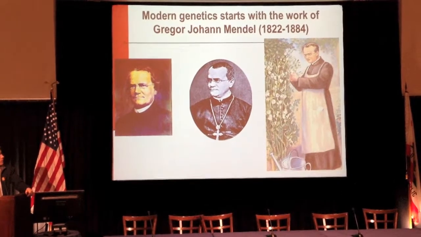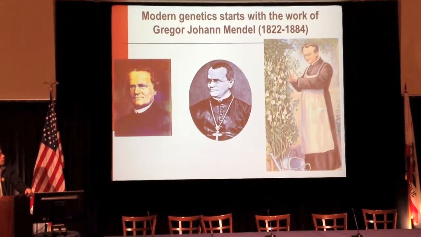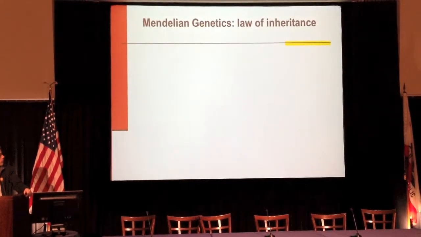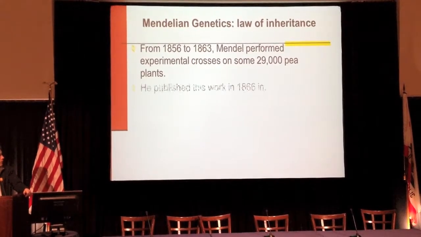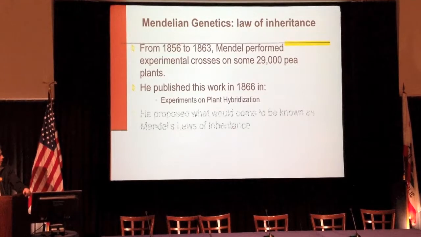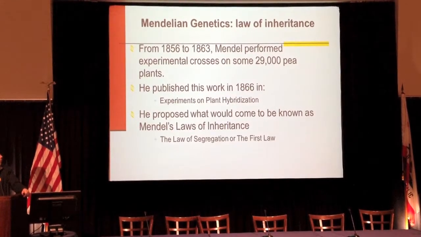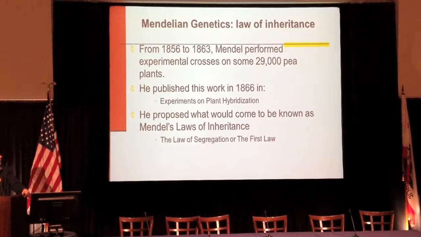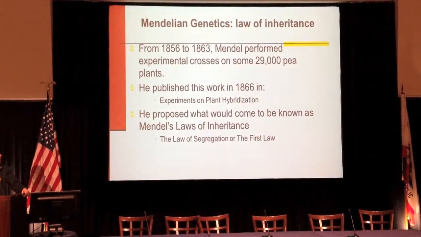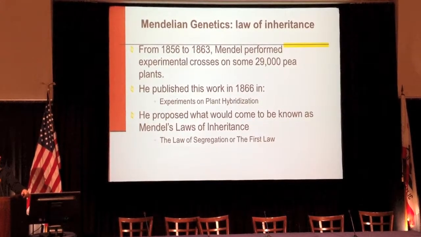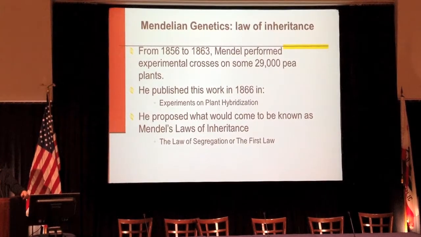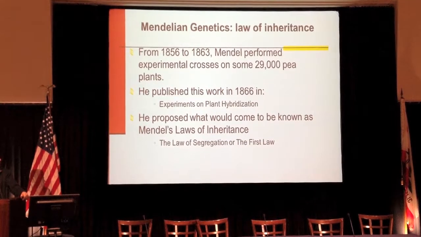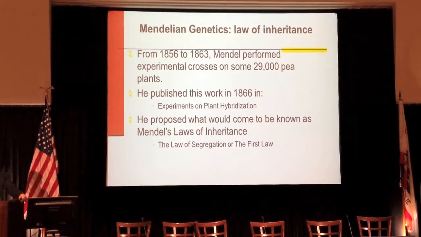modern genetics starts with the work of Gregor Mendel, who basically derived the laws of inheritance. He was a very hard-working scientist who produced over 2,900 hybrid pea plants, and the work was summarized in 1866 in a book called Experiments on Plant Hybridization.